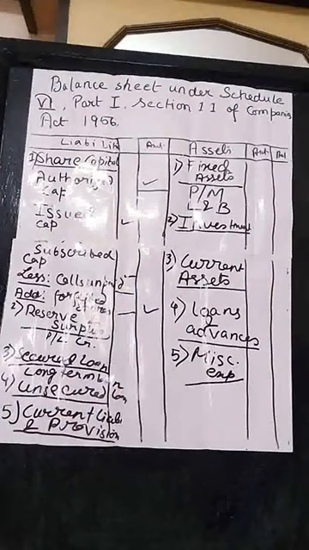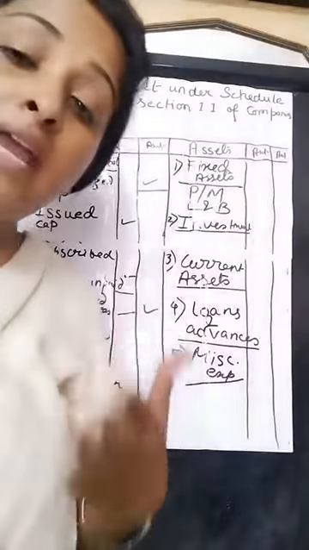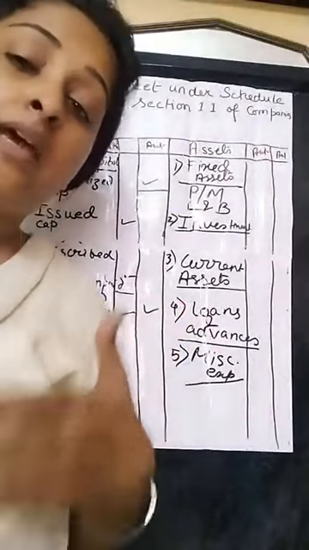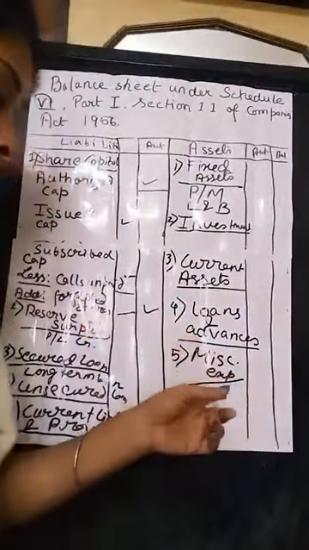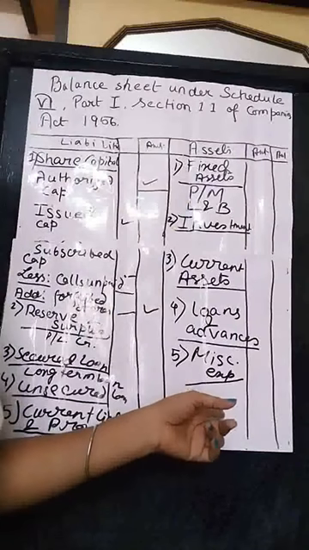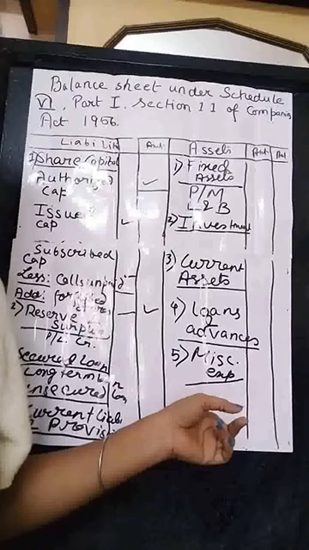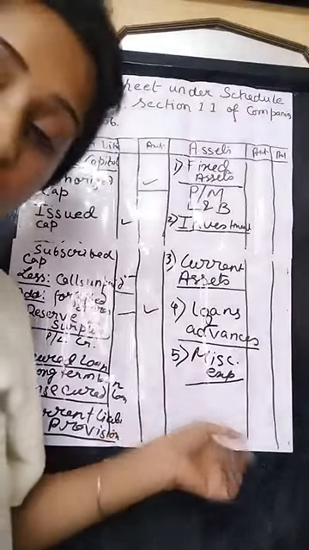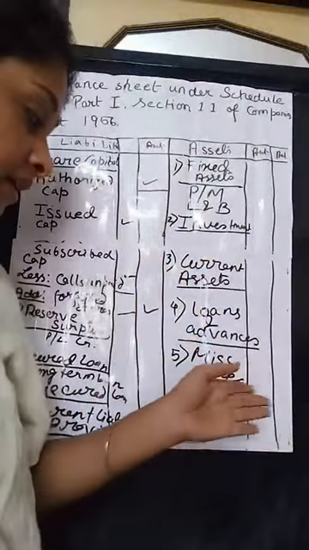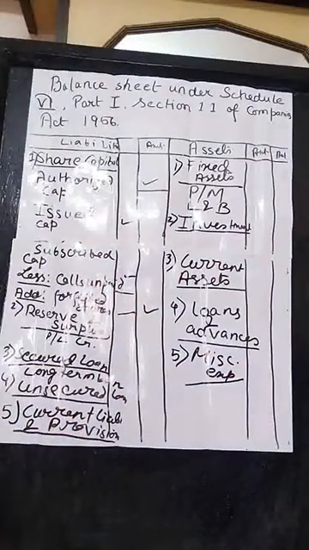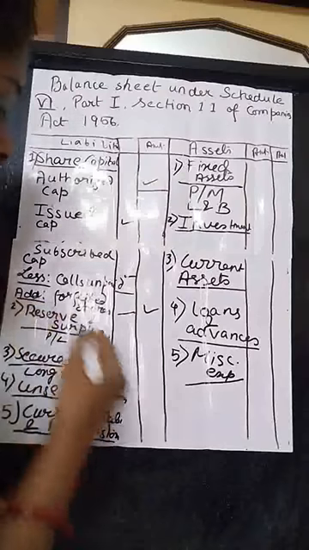Miscellaneous expenditure refers to development expenditure or any kind of preliminary expenses, or any brokerage on underwriting of shares, any discount allowed on issue of shares or debentures. That will come under miscellaneous expenditure.